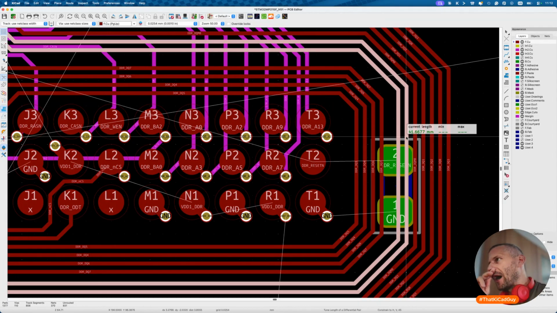Then all the other signals of this group should be matched again to have the length within the tolerance band of plus minus 1.42. It means roughly from 40 to 43.